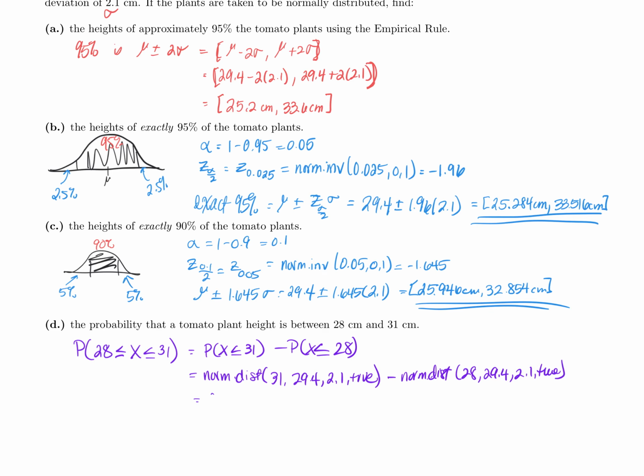And we end up with 0.7769 minus 0.2525 for a total probability of 0.5244. So we have a 52.44% chance that our tomato plant, if we were randomly to choose one, is between 28 centimeters and 31 centimeters in height after 3 weeks of planting.